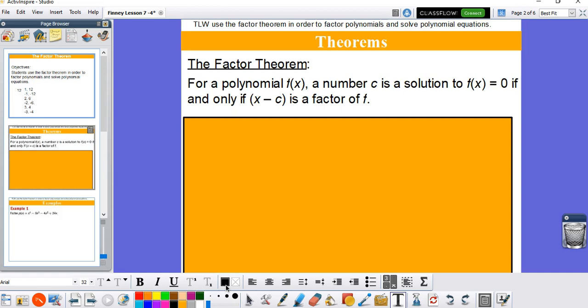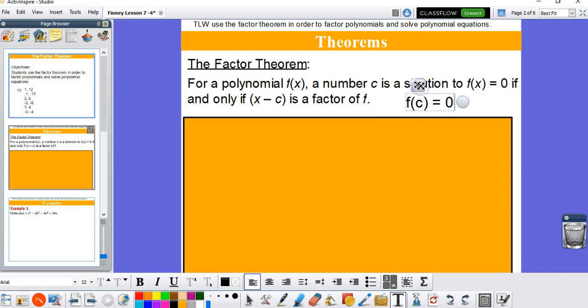The factor theorem says that if we have a polynomial f of x and a number c is a solution to f of x, that happens if and only if x minus c is a factor. What this is actually saying is that if we plugged in f of c, it would equal 0.